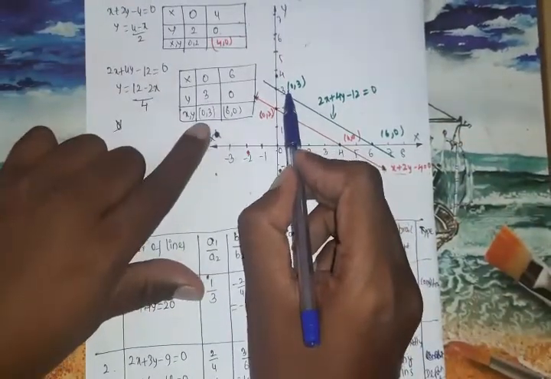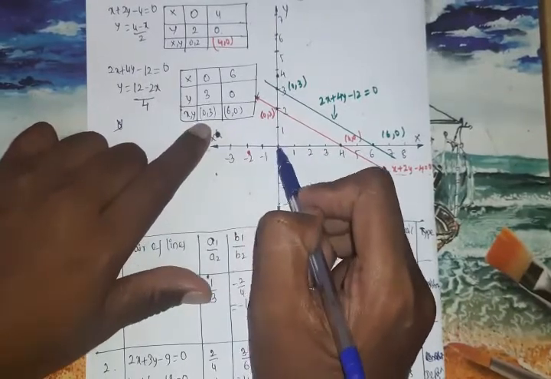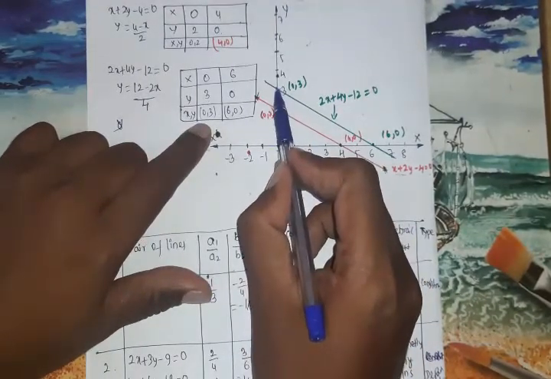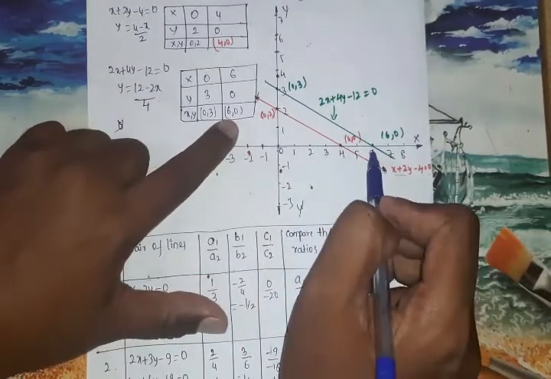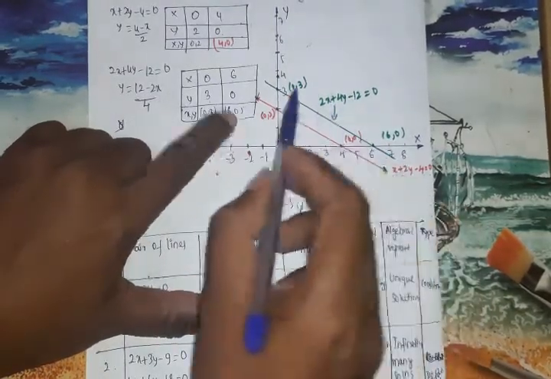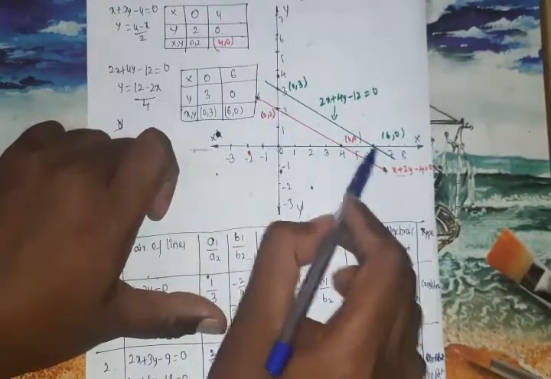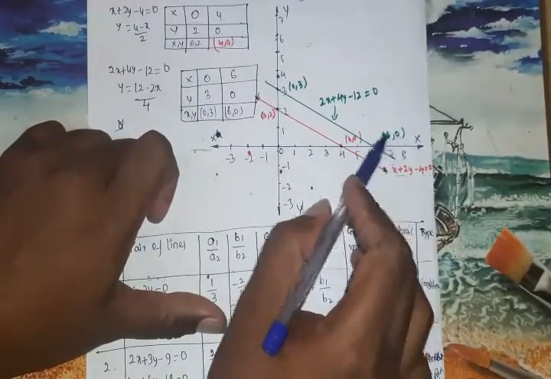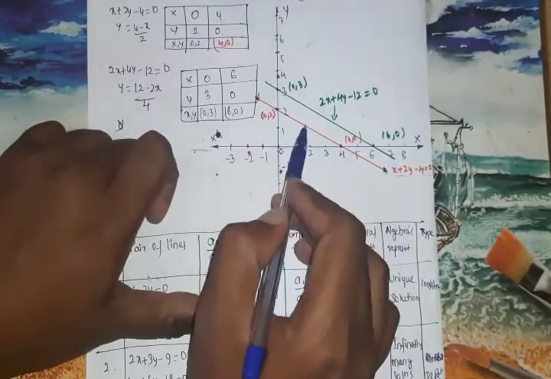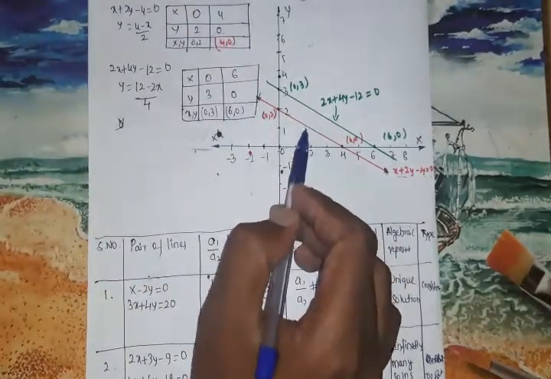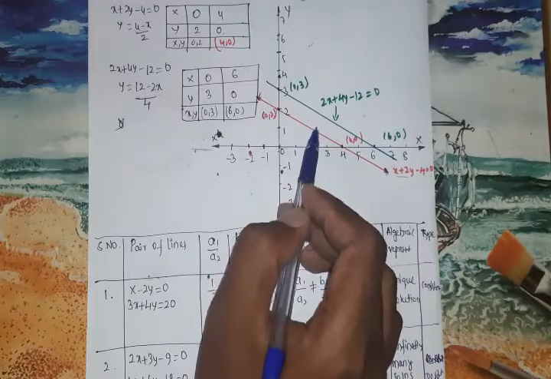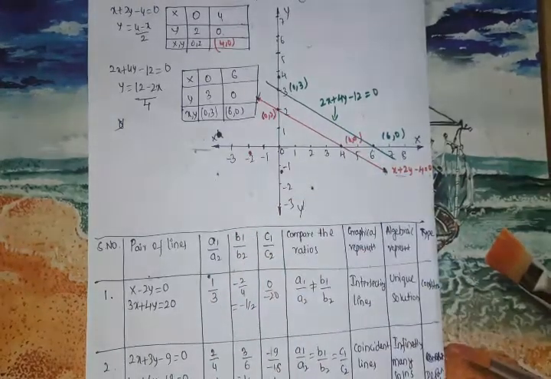Similarly, (0, 3), x is 0, y is 3, 1 point I have got. Another point, (6, 0), x is 6, y is 0, 2 points. So join these 2 points, again I will get a straight line. You observe here that these two lines are parallel to each other.